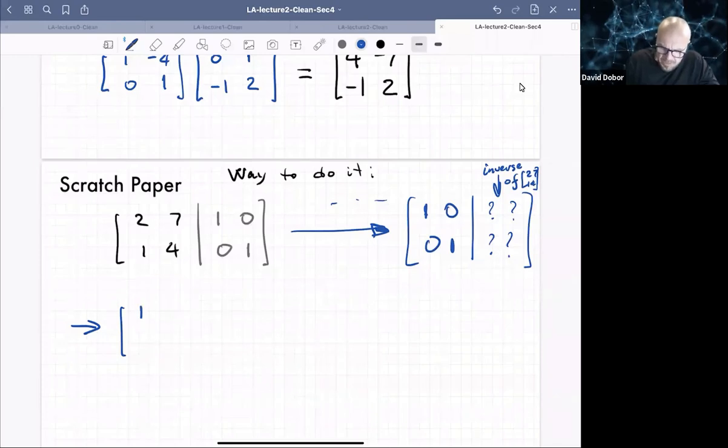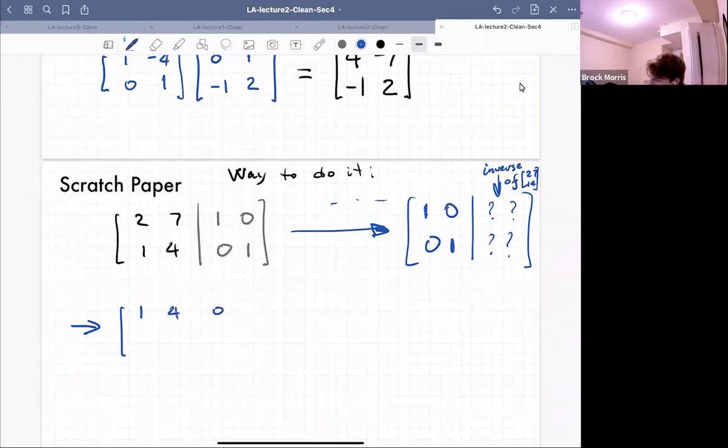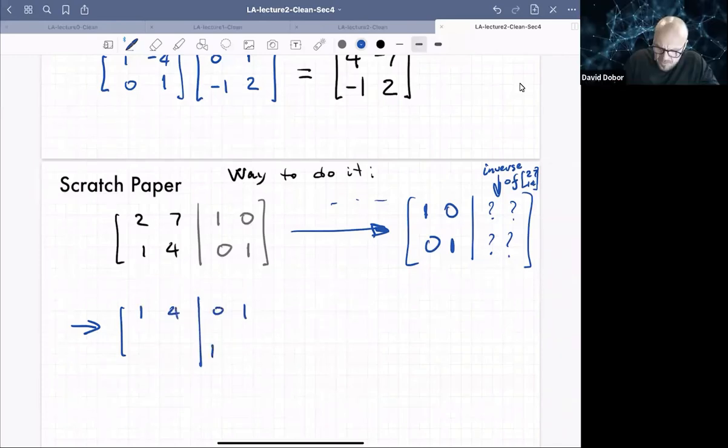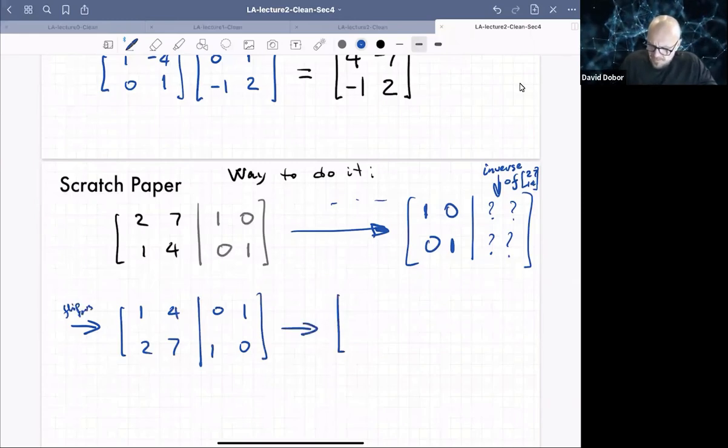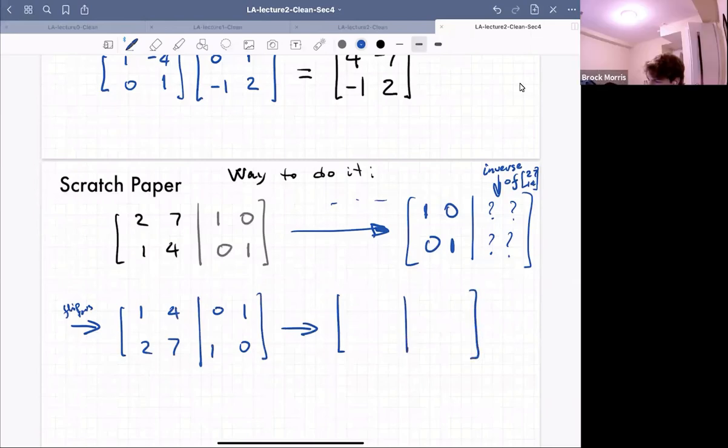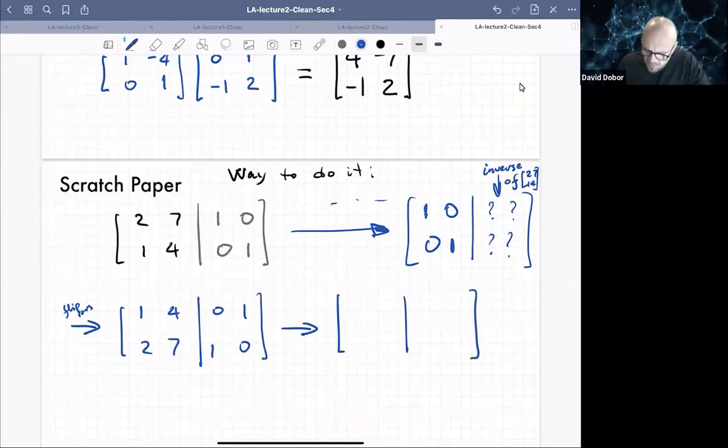But if we do it like this, we get 1, 4, 0, 1, and 2, 7, 1, 0. That's the first step: flip the rows. The next step? Subtract 2 times row 1 from row 2.